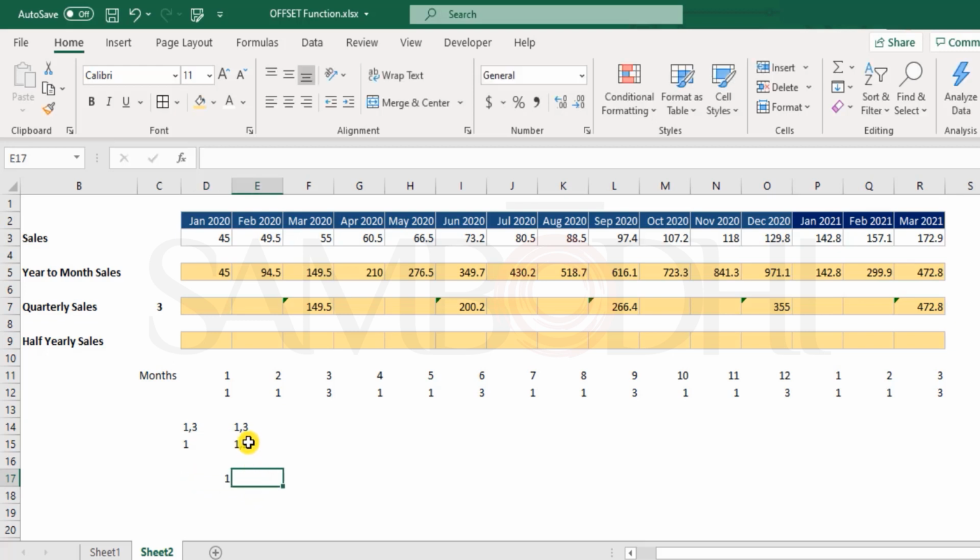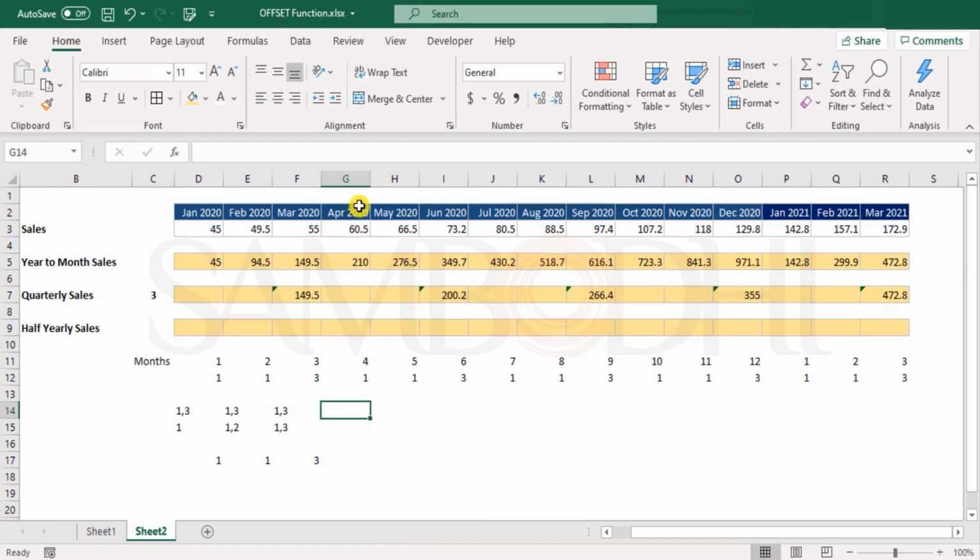Again, what is common in these two? 1 can divide 3 and 1 can divide 2, so 1 is common here. Now what about this? 3 and 3, so 3 can be divided by 1 and 3. And this particular month number, which is also 3, can be divided by 1 and 3. Now, which are the common numbers here? 1 and 3. And which of them is the greatest? It's number 3. So we have this here.